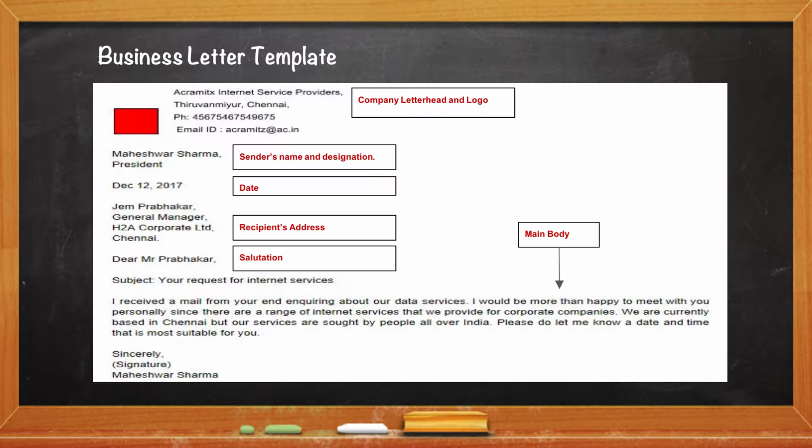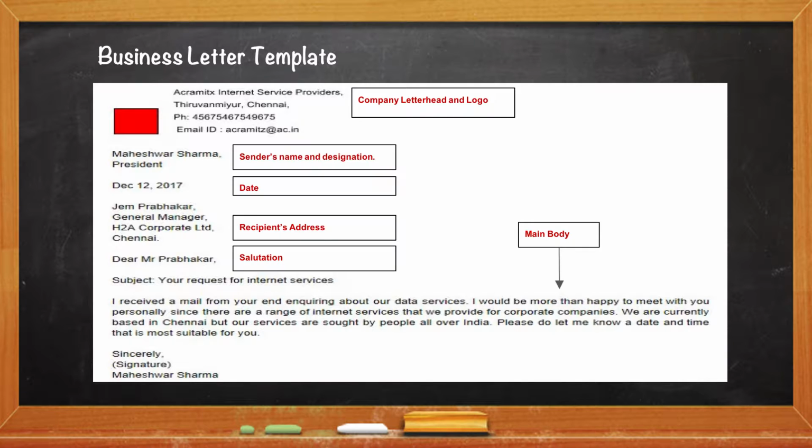We have been talking about it, but let us recap. Company letterhead and logo, sender's name and designation, date, recipient's address, salutation, main body. Your request for internet services. I received a mail from your end inquiring about our data services.